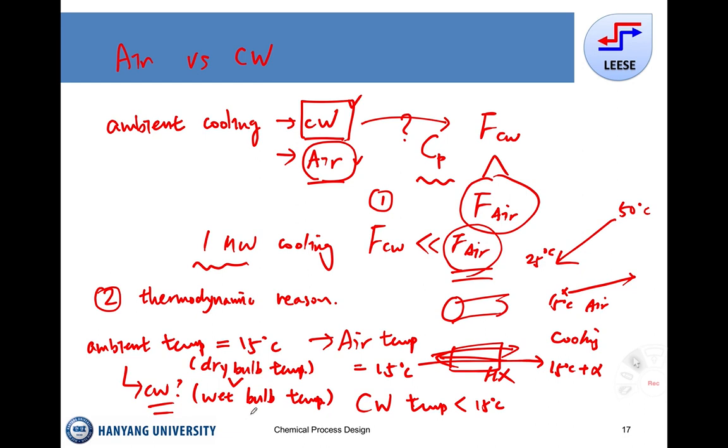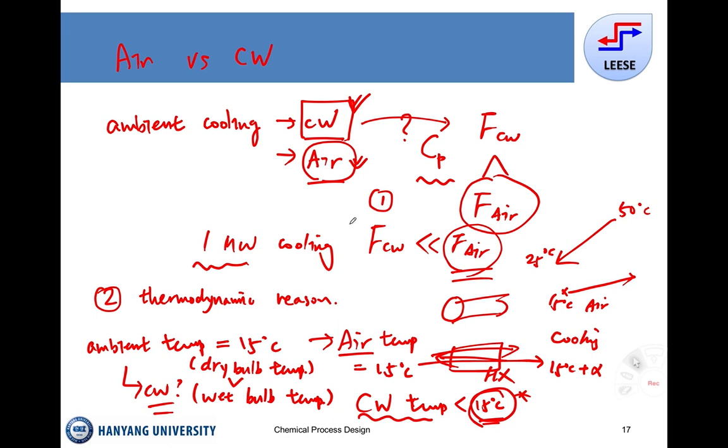Maybe 3 degrees C, maybe 5 degrees C, okay? So the cooling water supply temperature is lower than 15. We can supply the water at a lower temperature compared to the air temperature. In terms of taking heat out of the process, supply at a lower temperature is better. Because of these two reasons, cooling water is better than air, okay?